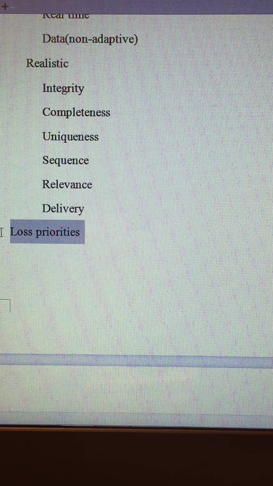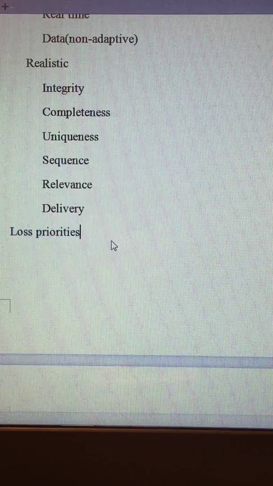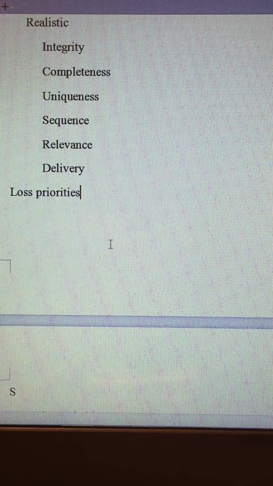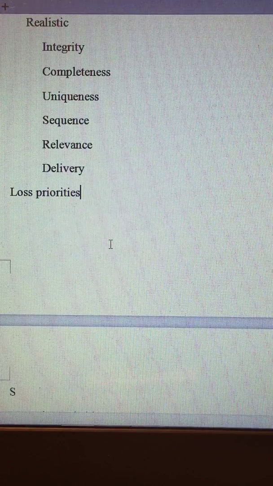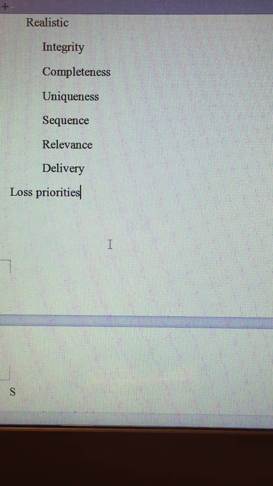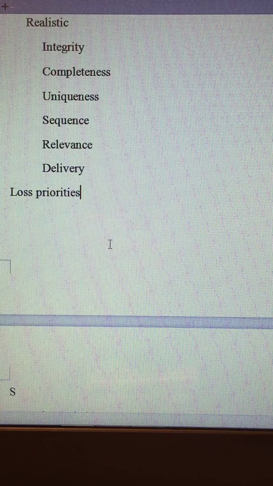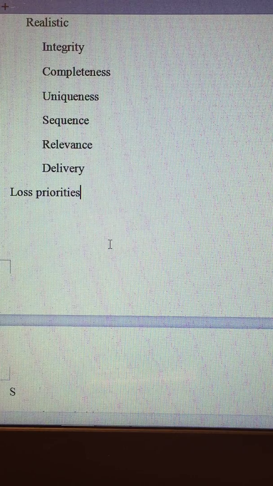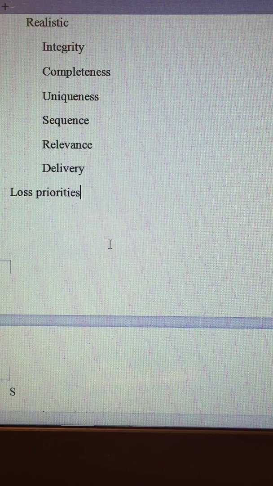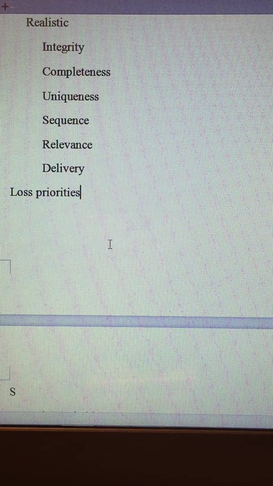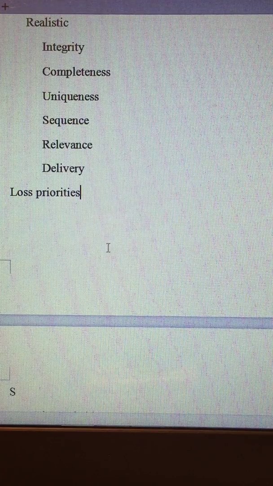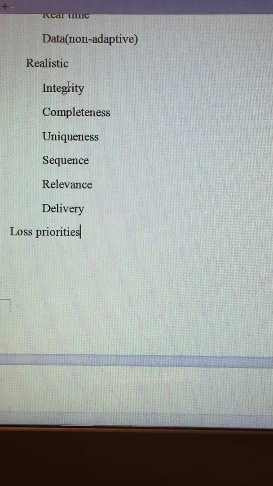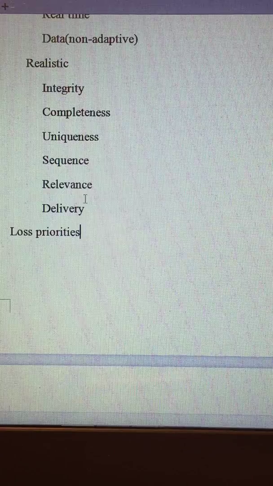And the last, priority, is sometimes for high definition and standard definition. Standard definition discards more packets, or more important packets, than the high definition. Okay, this is only the link between the realistic and the switching.